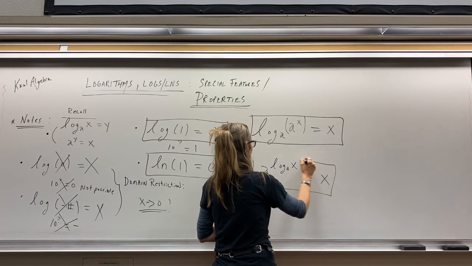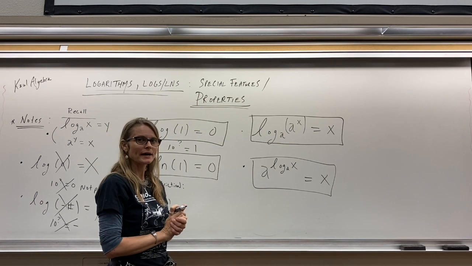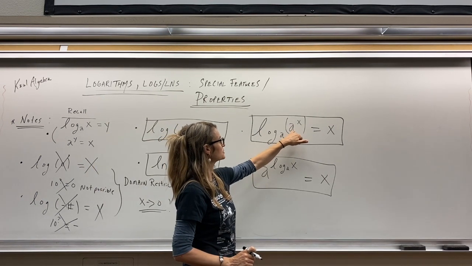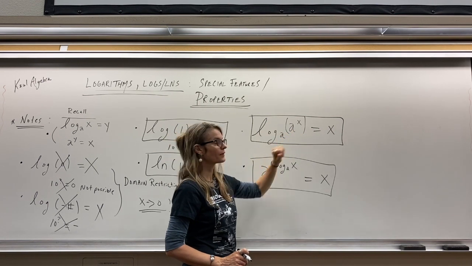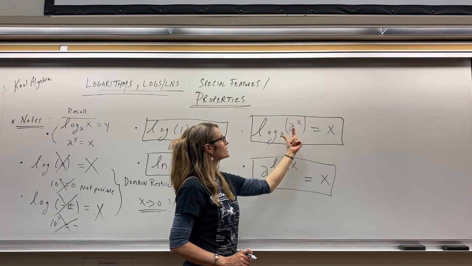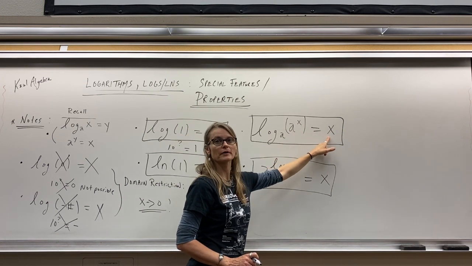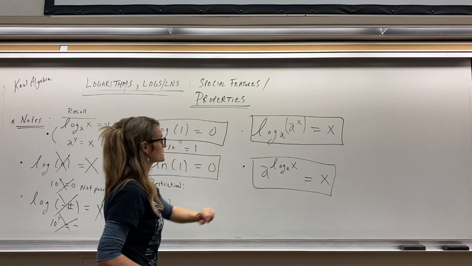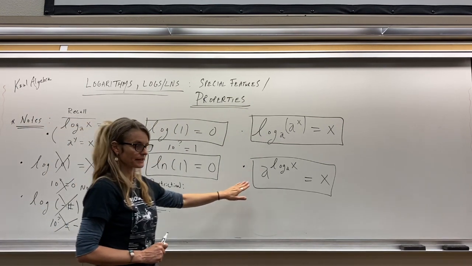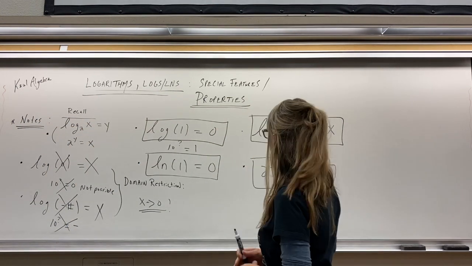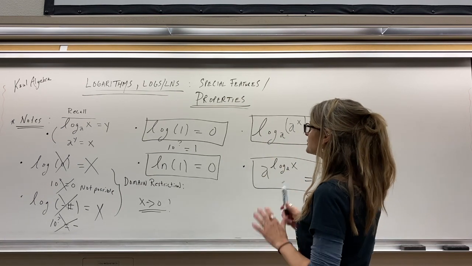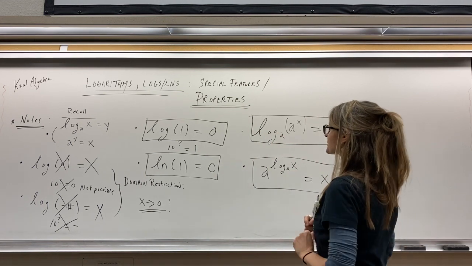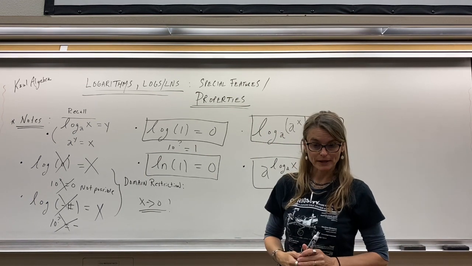So here's another property we can apply. All you have to do here is imagine number values in place. This could be a 2, a 3, or a 4, and it doesn't matter what it is, but whatever the exponent is, that's what your outcome will equal. The same reasoning goes for this special property. Note that these come up a lot, and you want to be aware of your domain restrictions and certain tricks in evaluating your logs.